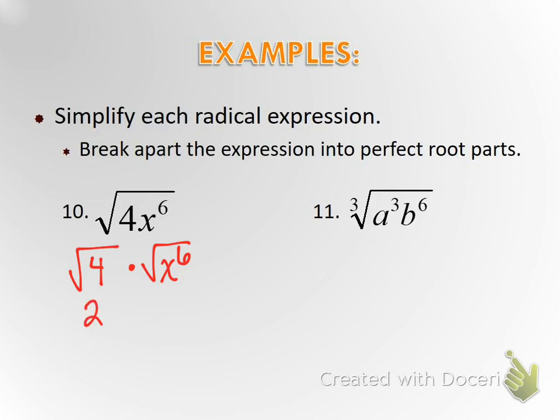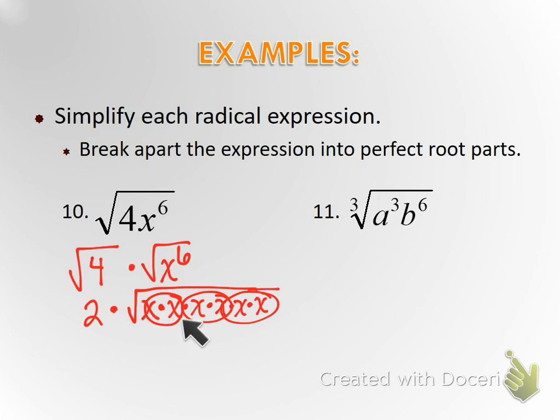2. Okay, times, if we are taking the square root of x to the 6th, there are different ways of thinking about this. One way is to think about it fully expanded. X to the 6th means we have how many x's multiplied together? 6 of them. And if I'm taking the square root, I'm looking for how many at a time? 2 at a time. 1, 2, 3 pairs.